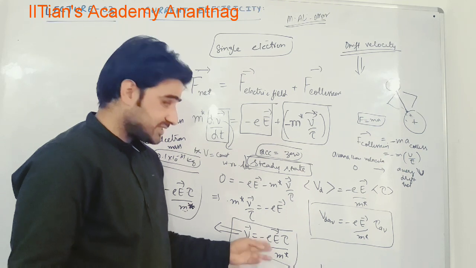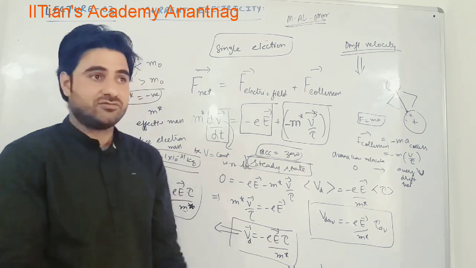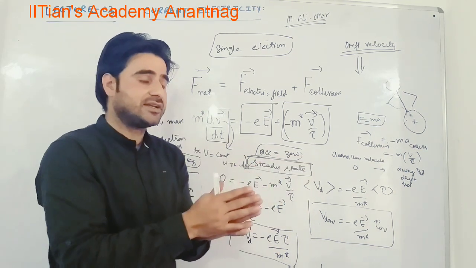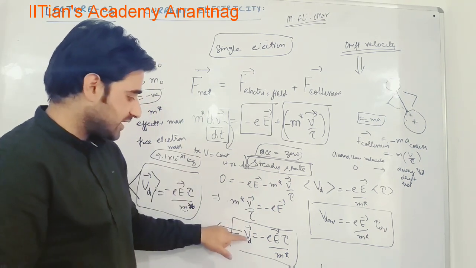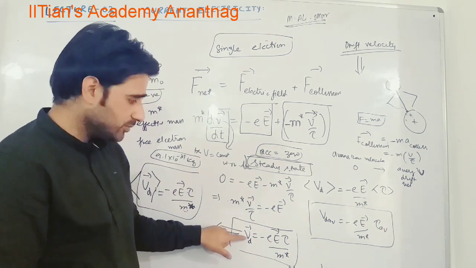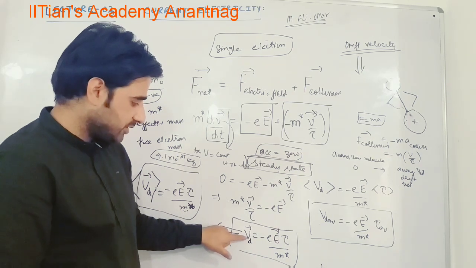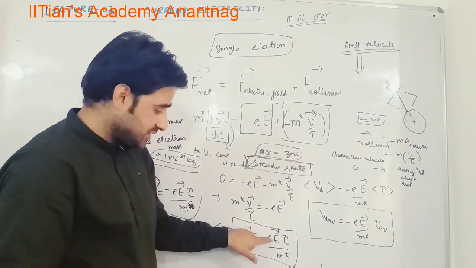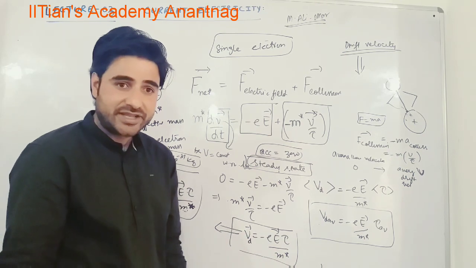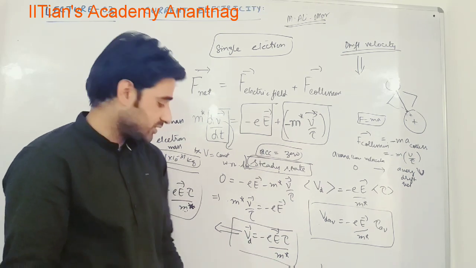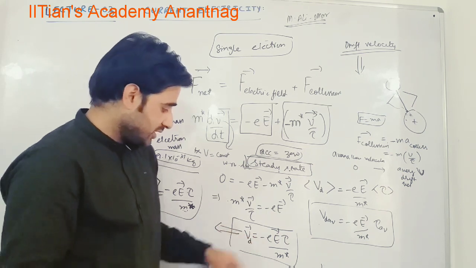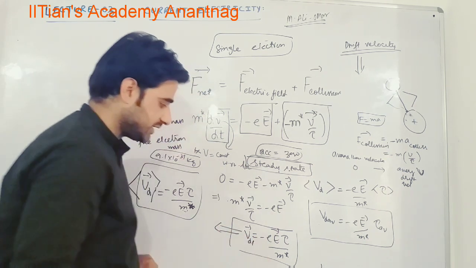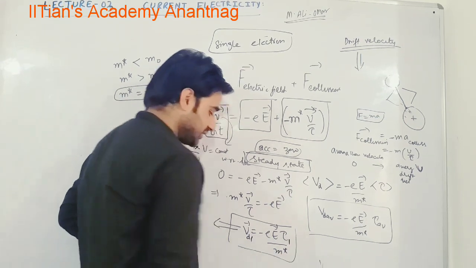But I did it for a single electron. I assume whatever is happening to the single electron is happening to n number of electrons. For n number of electrons, I need to take the average on both sides. For charge, electric field and mass, I need not take an average because they are constant for all electrons. Suppose this is the drift velocity for the first electron and the corresponding relaxation time is tau 1.